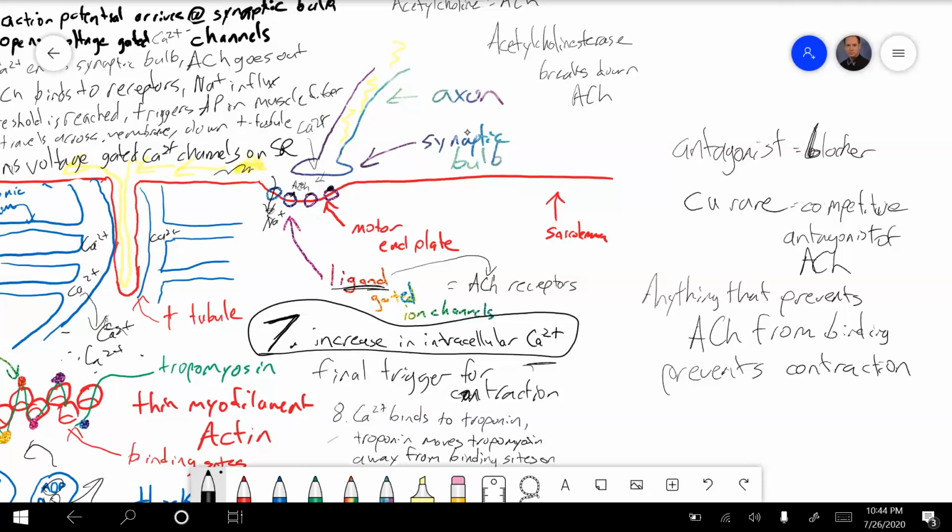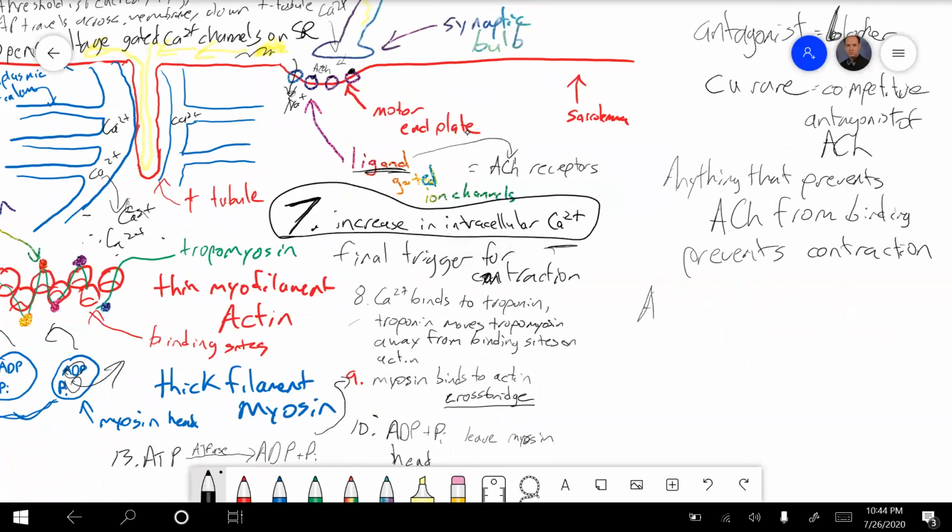For the muscle to relax, acetylcholinesterase has to be in. So at the same time, anything that prevents acetylcholinesterase, hereby abbreviated as ACHE, from working prevents relaxation.